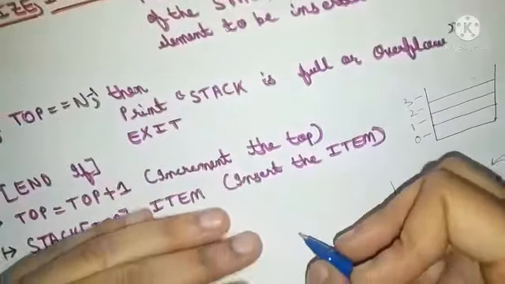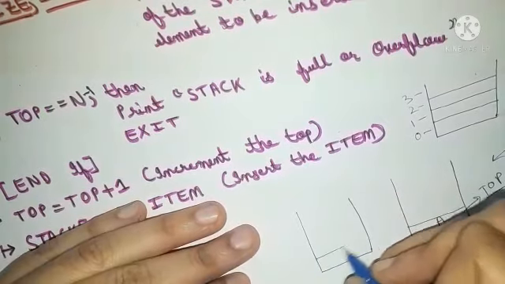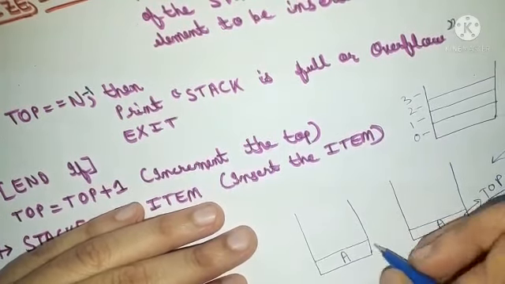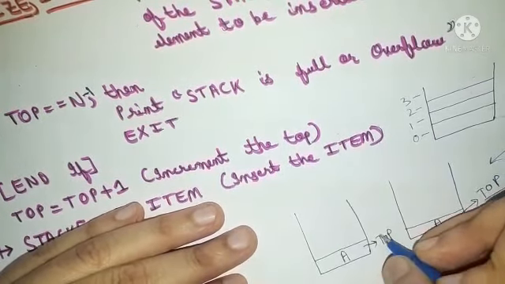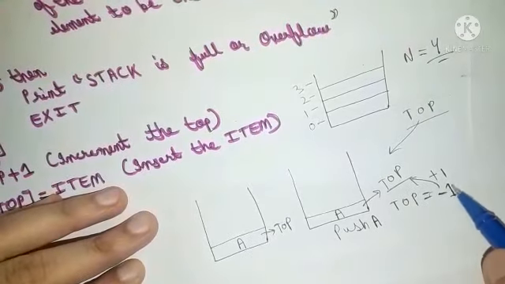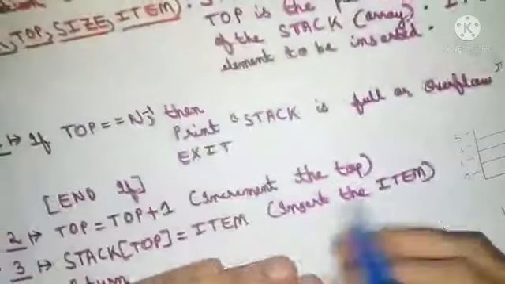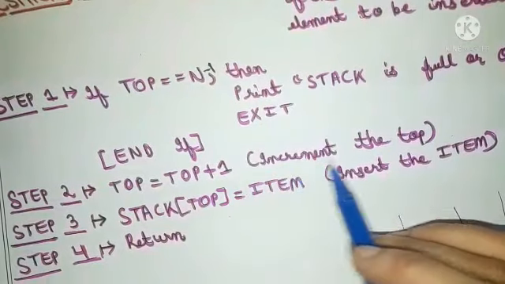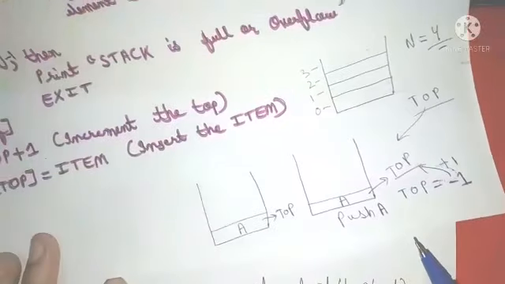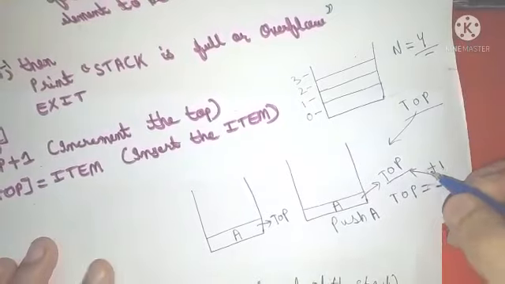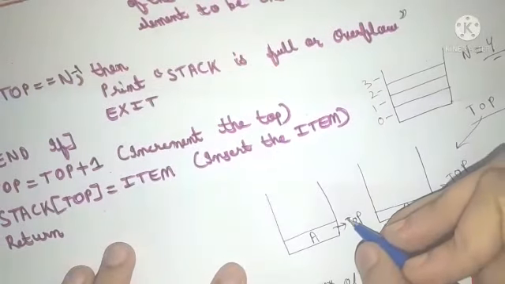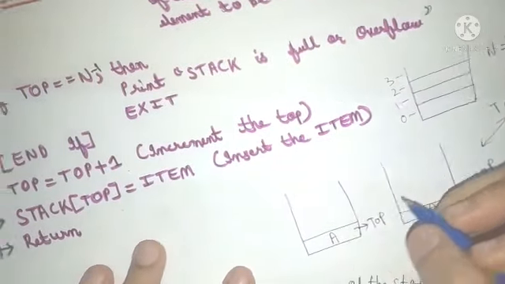Okay, so A is inserted. In initialization top was minus 1. Top is equal to top plus 1: this step increments the top. After this step the top is pointing over here, and A is already inserted.